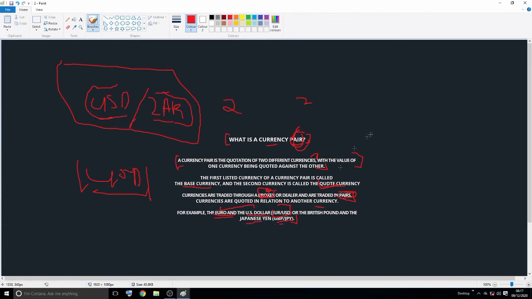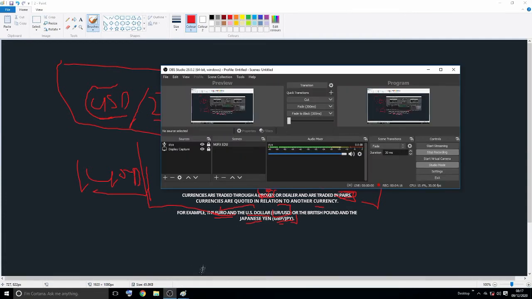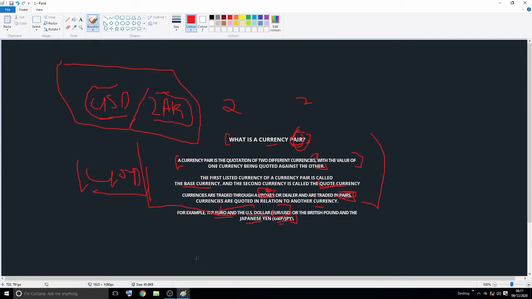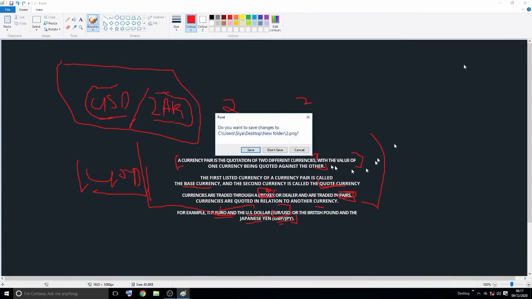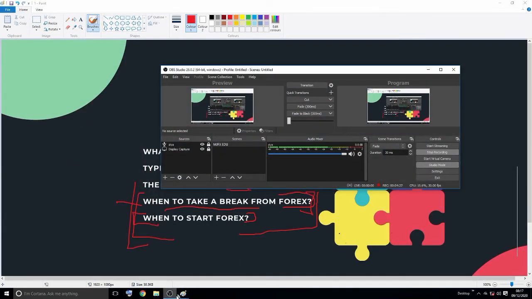So a currency pair is a quotation of two different currencies, with the value of one currency being quoted against the other. I hope it makes sense, and I will be posting a lot of notes on this topic in our class, in our Google Classroom. So let's continue.